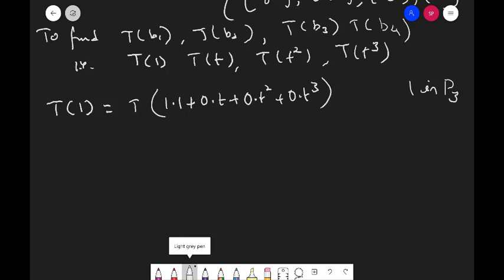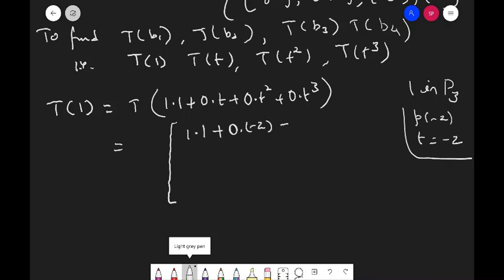Then this is p of minus 2, wherever t is equal to minus 2. Substitute t is equal to minus 2. So wherever I have t, I will write 1 into 1 plus 0 into minus 2, 0 into minus 2 square plus 0 into minus 2 cube.